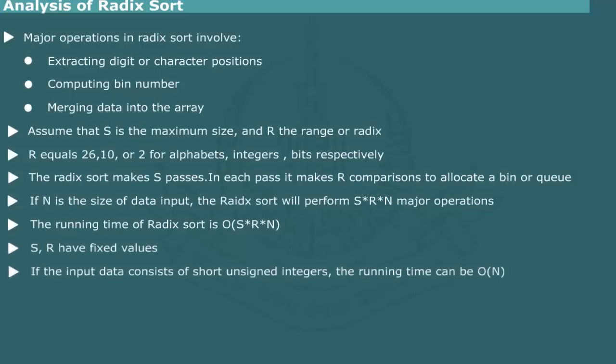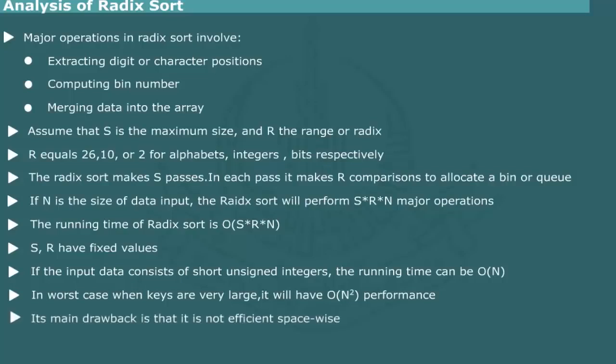Thus, if the input data consists of short unsigned integers, the radix sort can have O(n) running time, much faster than other sorting algorithms. In the worst case, when keys are very large, S may be the same order as n. Thus, radix sort will have O(n²) performance.